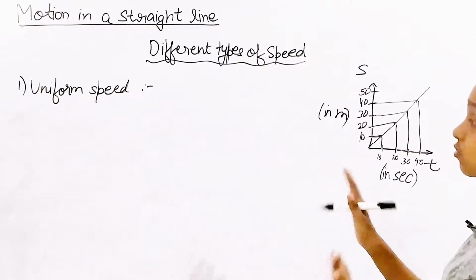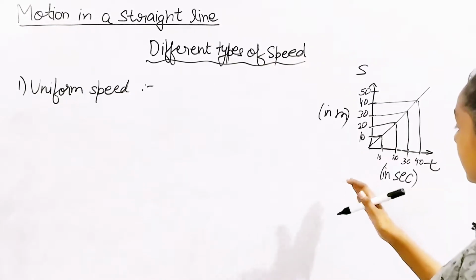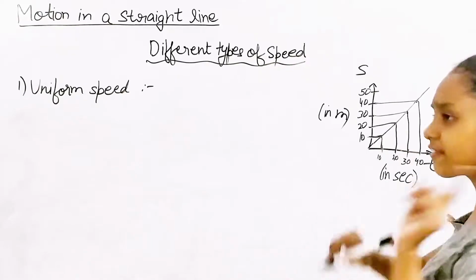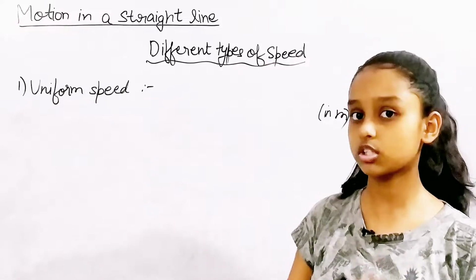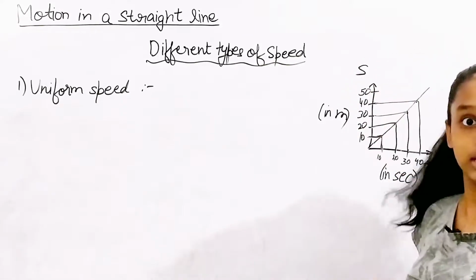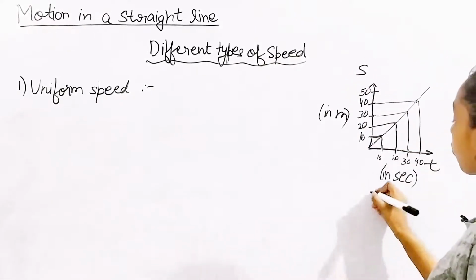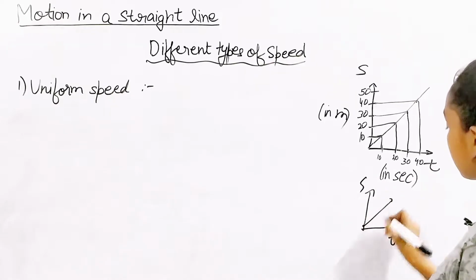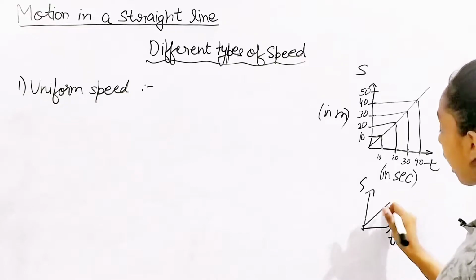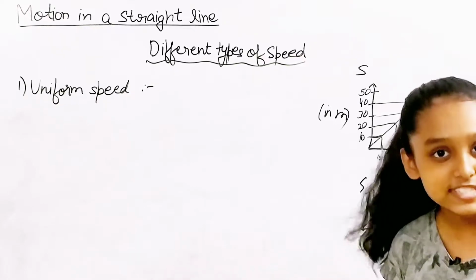Is it clear? Of course it should be. If I talk about the velocity, what's going to be this body's velocity? What we can see is that this body's velocity is constant.